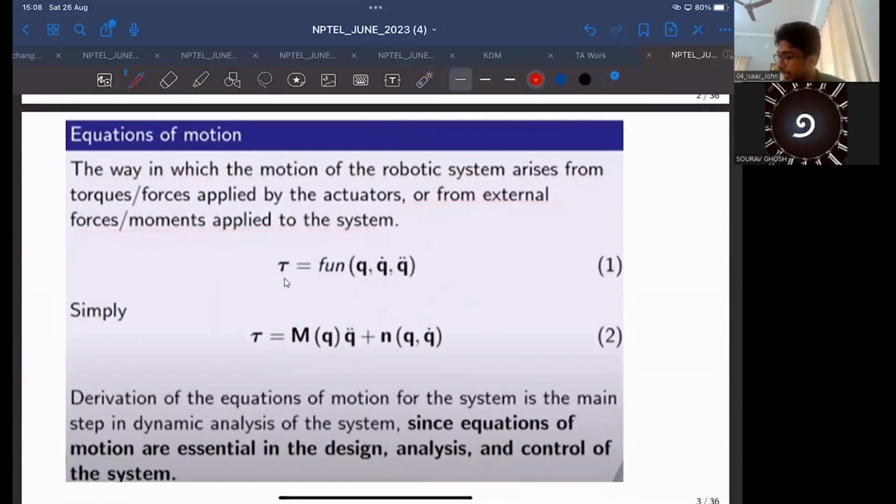So in general, for example, if we consider a 2-link robot, the robot is essentially subjected to external forces and moments, right?